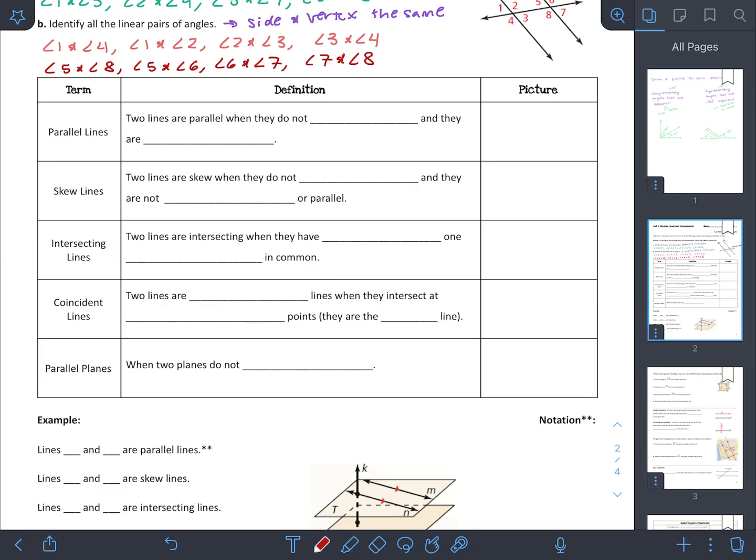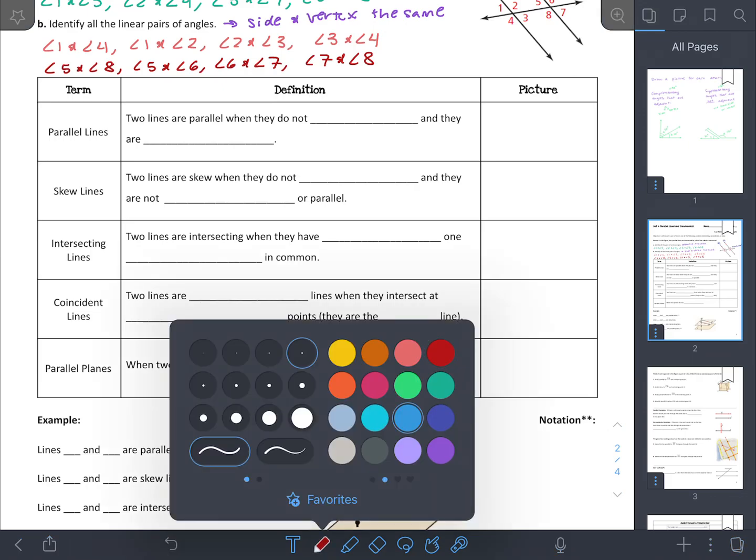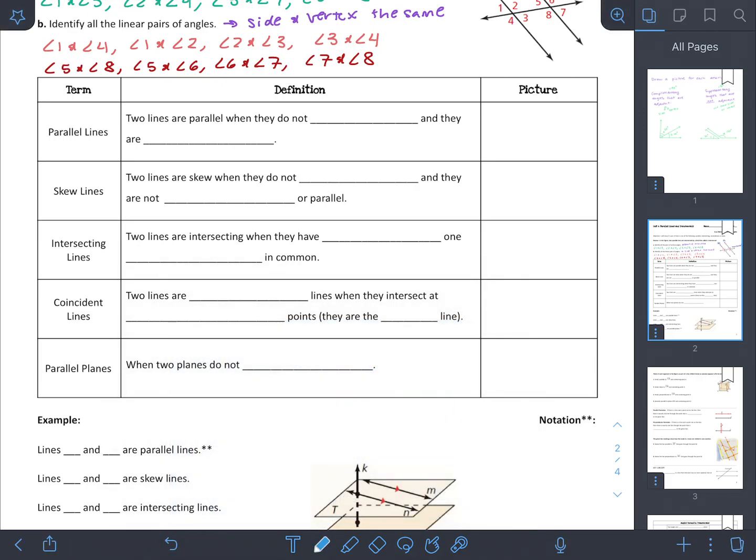That is definitely a review concept, something that you've seen before, but parallel lines are here's the definition. Two lines are parallel when they do not intersect, and they are coplanar. So if you have two parallel lines, they're on the same plane and they never intersect each other. And we've actually seen this before.